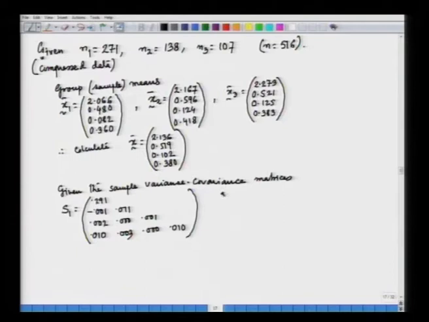And similarly, I have S2 and S3, these are also given.